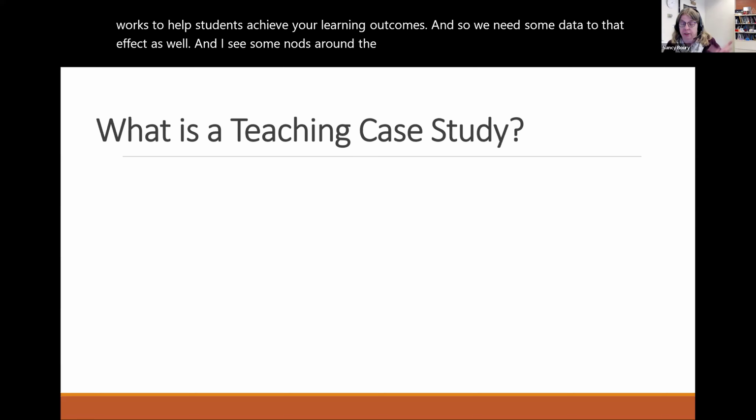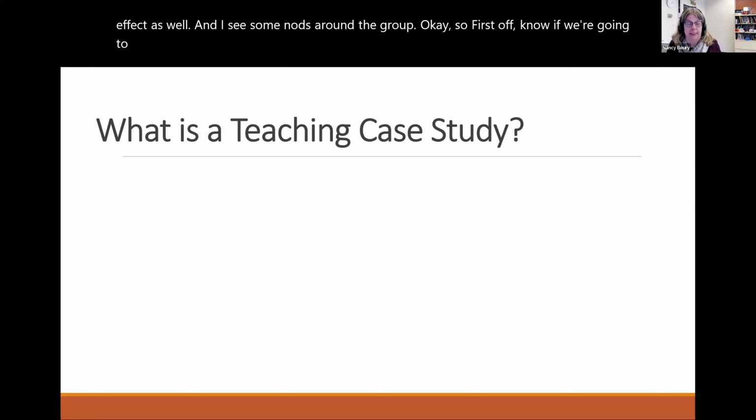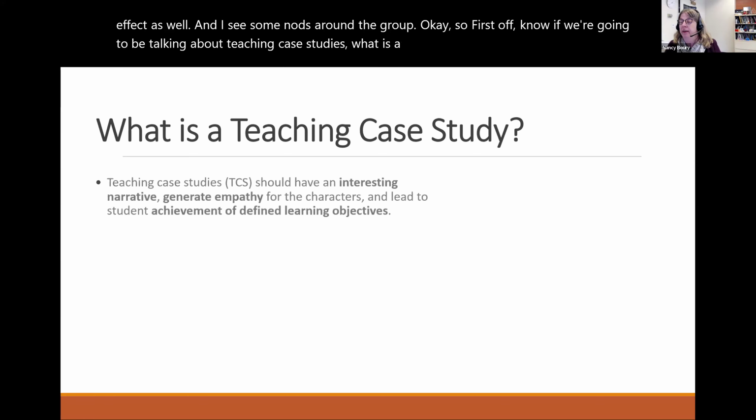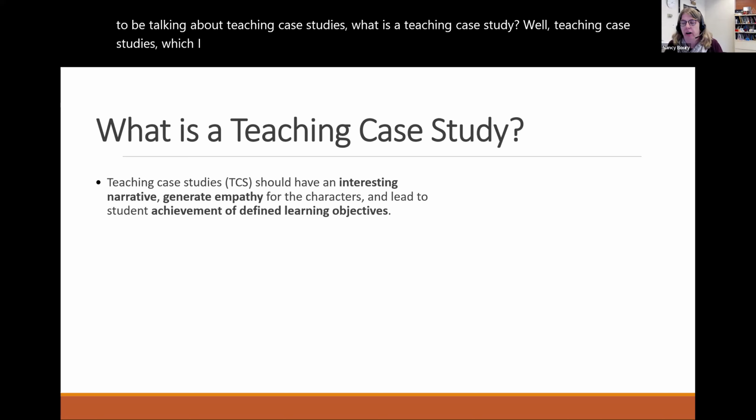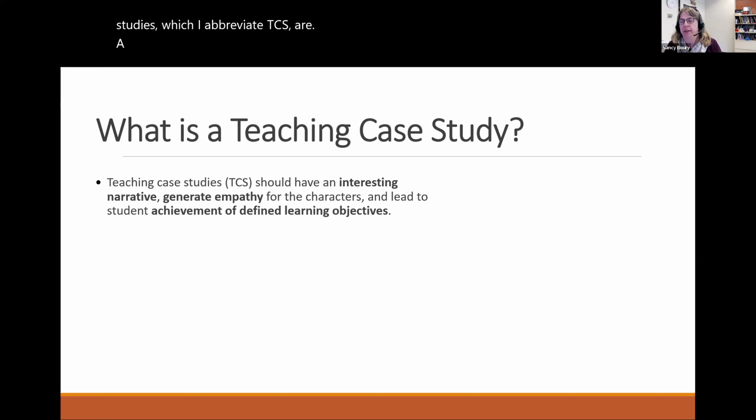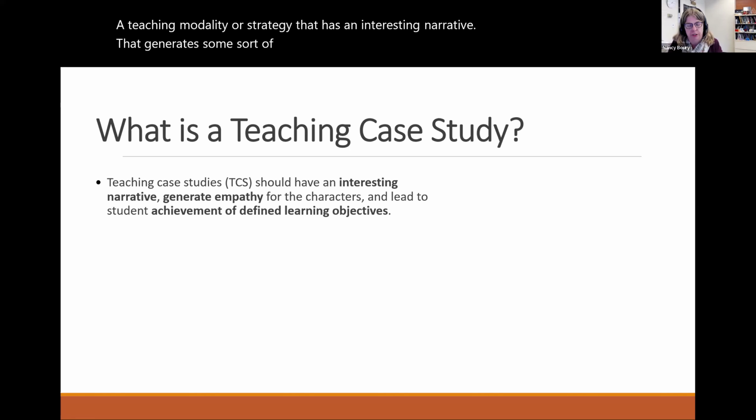Okay, so first off, if we're going to be talking about teaching case studies, what is a teaching case study? Well, teaching case studies, which I abbreviate TCS, are a teaching modality or strategy that has an interesting narrative that generates some sort of empathy with characters that are involved in doing a thing.